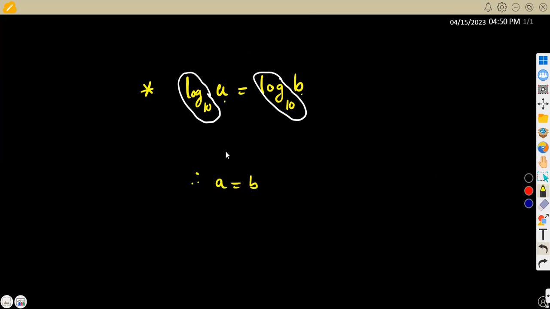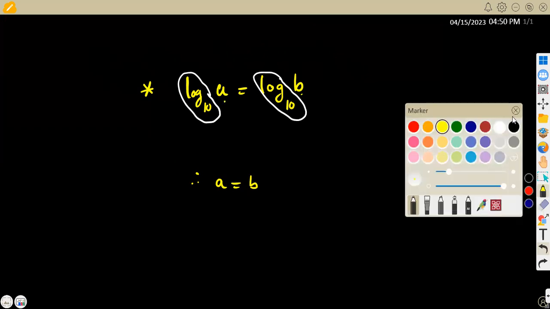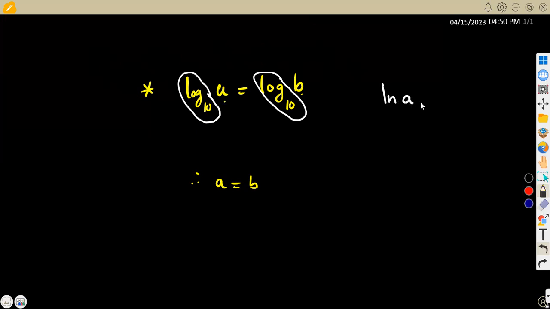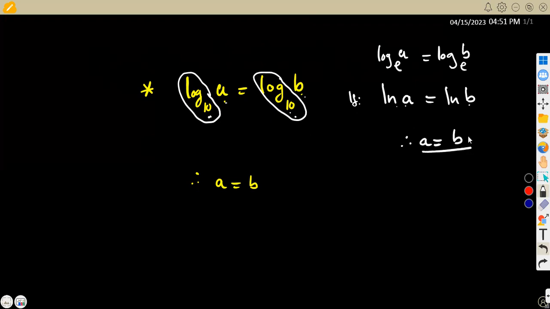It is the same approach with ln. If ln a is equal to ln b, meaning the logarithm of a in base e equals the logarithm of b in base e, therefore a is equal to b.